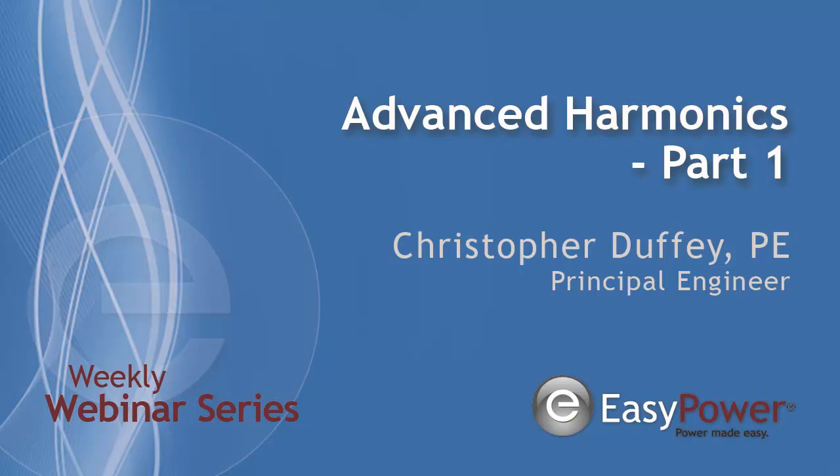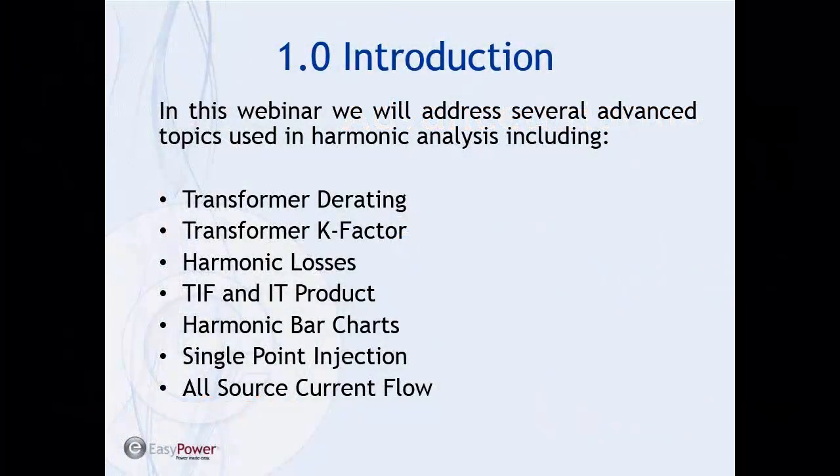What we're going to look at today in this webinar are several advanced topics in harmonic analysis, and they include transformer derating, where we're going to be looking at the C57-110 standard, transformer K-factor via UL, harmonic losses, TIF and IT Product, and Harmonic Bar Charts, which is a really useful feature when you're looking at spectral content.